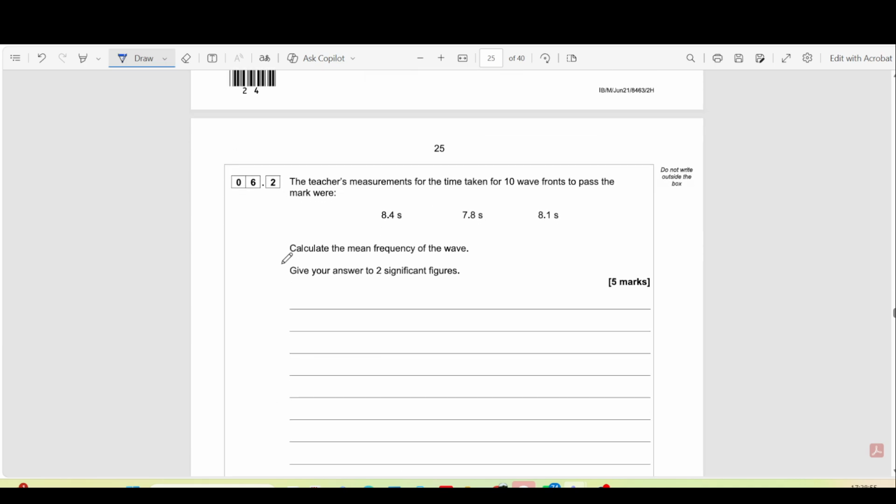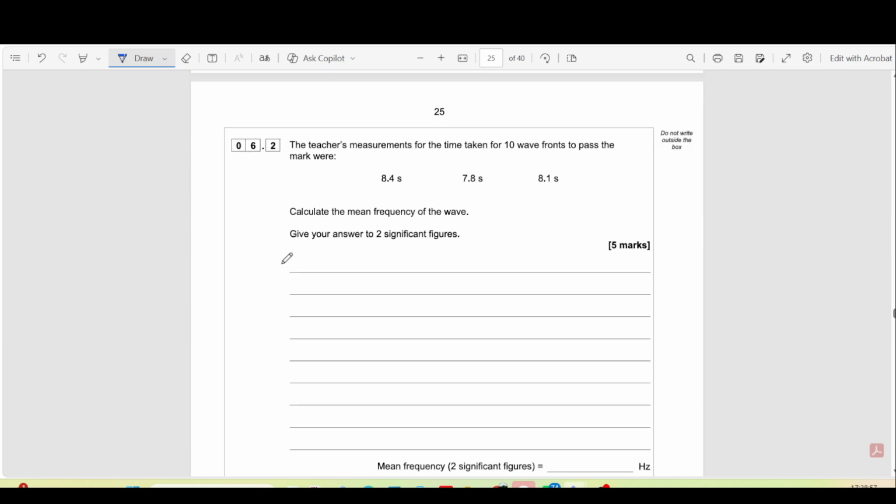The teacher's measurements for the time taken for 10 wavefronts to pass a mark were 8.4 seconds, 7.8 seconds, 8.1 seconds. Calculate the mean frequency of the wave.